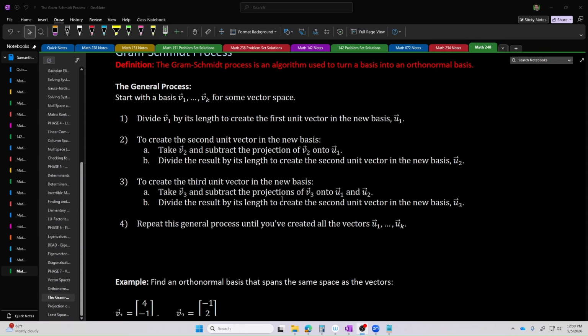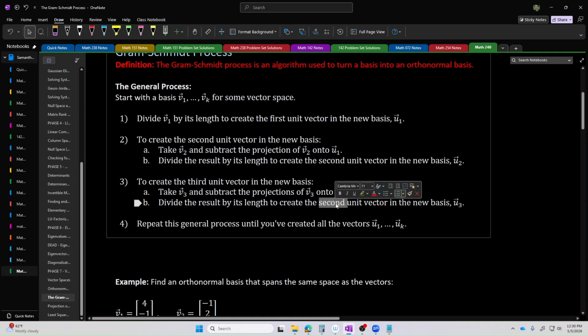That's going to leave you with something perpendicular to these two other vectors. Then take the result and rescale it to make it into a unit vector, and this unit vector would form your u3 for the basis.